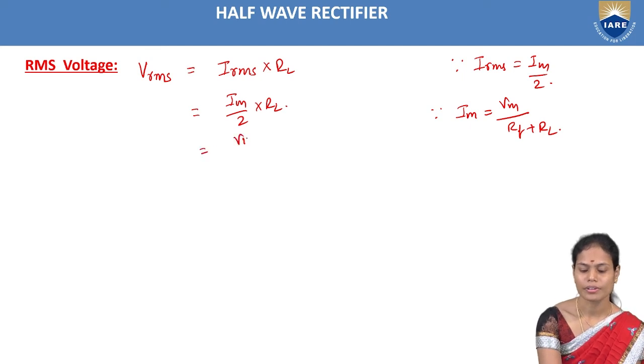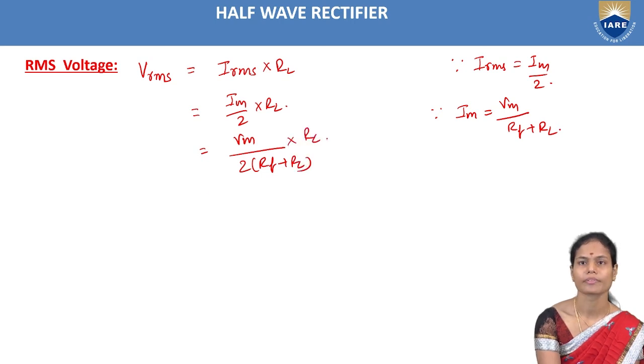That is Vm by 2 into Rf plus RL into RL. Here the load resistance value is very much greater than the forward resistance of the diode.